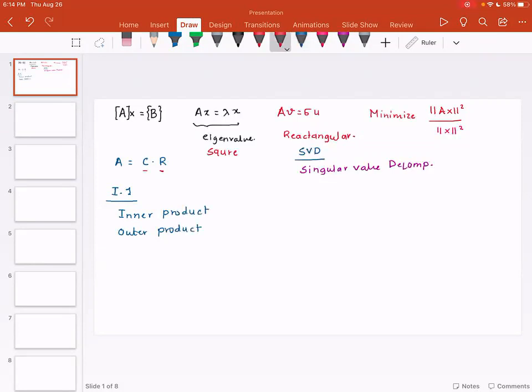If you have studied linear algebra in the past, most likely you know about the inner product. But when you talk about the outer product, what it means is you separate out a linear system of equations into its basis vectors and make sure that the right hand side vector is within the span of those basis vectors. And if you have any questions about some of these comments, just raise your hand and I will explain it to you.